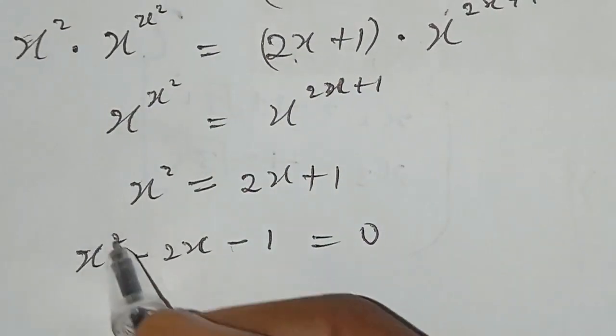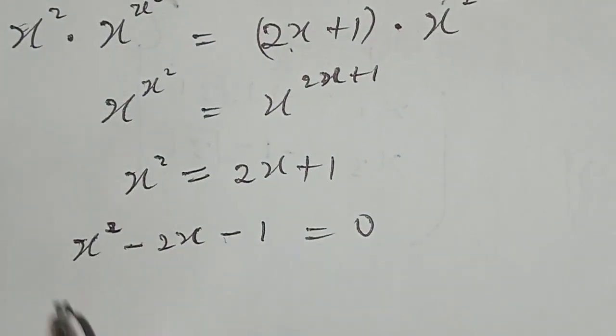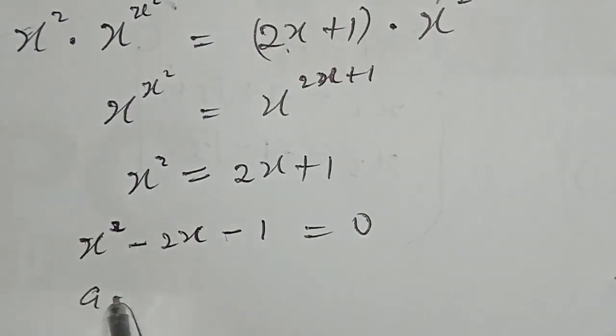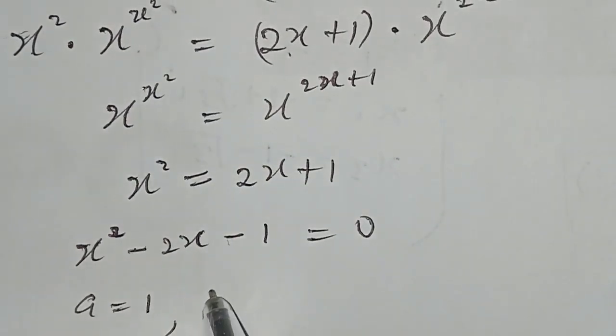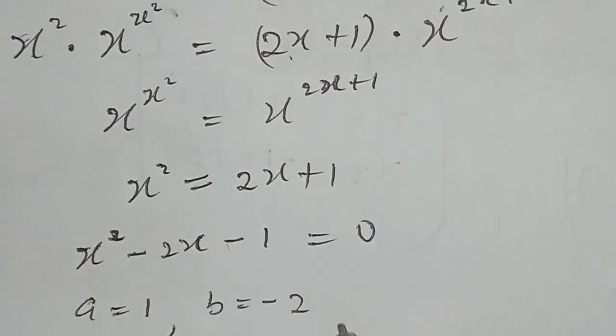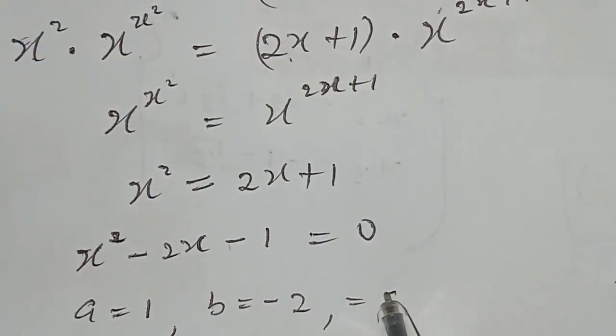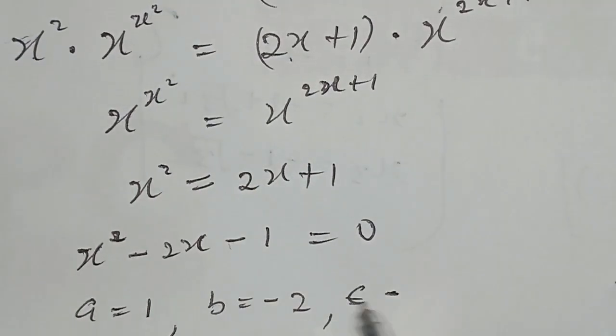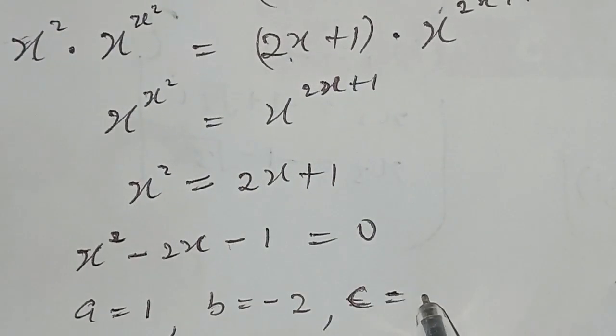So we have a quadratic equation over here where a is equal to 1, b is equal to minus 2, and c is equal to minus 1.